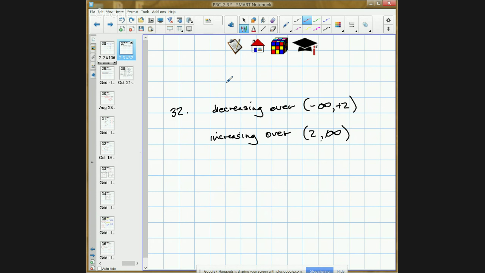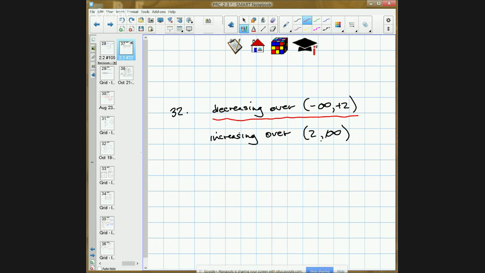Well, it's going downhill on the left side, right? And as you know, parabolas go forever up. So that left side starts at negative infinity, and it's going down until we get to x equals 2. Do you see how I wrote that here? That function is decreasing from negative infinity up to, but not including 2. That's why it's got a round parenthesis. Where is it increasing?